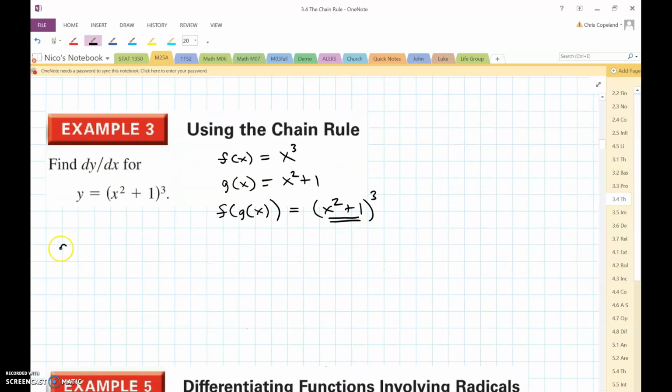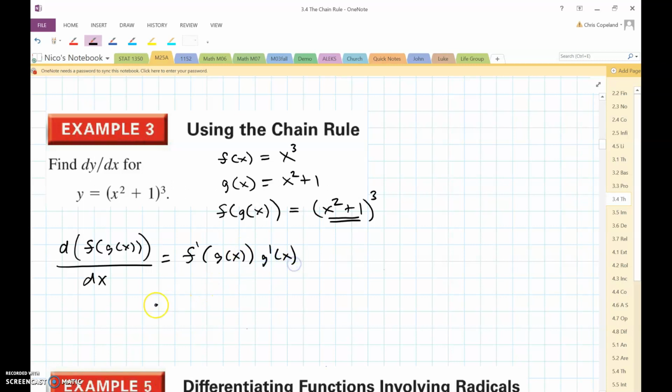Again, the rule to find the derivative of f of g of x with respect to x is f prime of g of x times g prime of x.